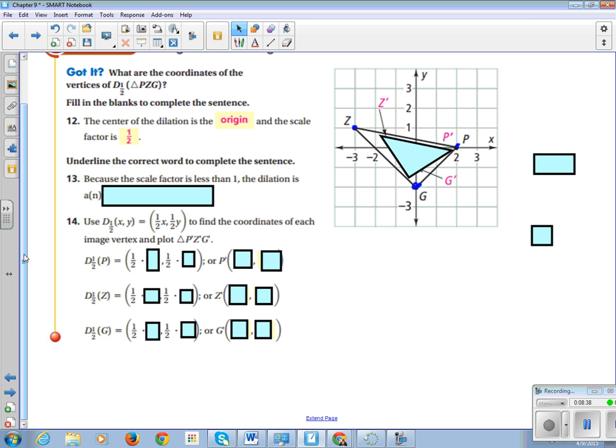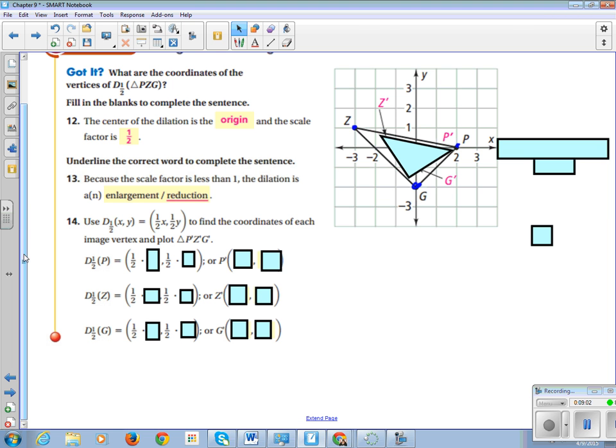Because the scale factor is less than 1, we are not going to grow, we are going to reduce. It's going to be a reduction. So we're going to take each of the coordinates of our figure, P, Z, and G, and we're going to multiply x and y by 1/2 to get our image.